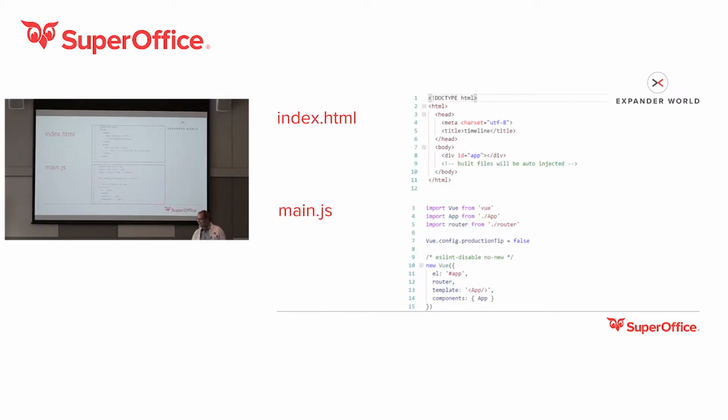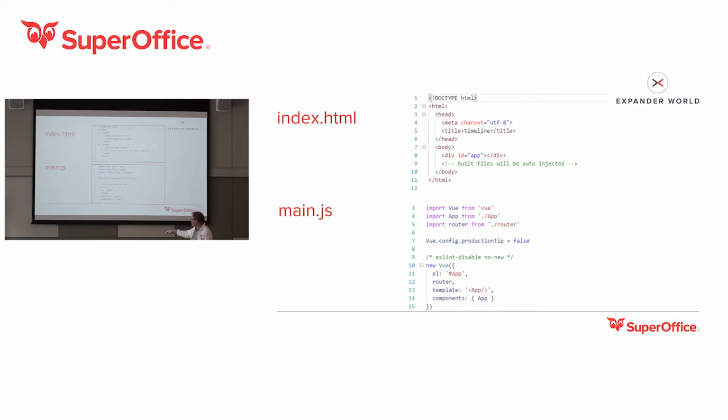But the main parts here are index.html, which has very little in it, right? It's got a title, and it's got a little div with id equal app. And then in main.js, we say, okay, go get these packages for us: Vue, app, and router.